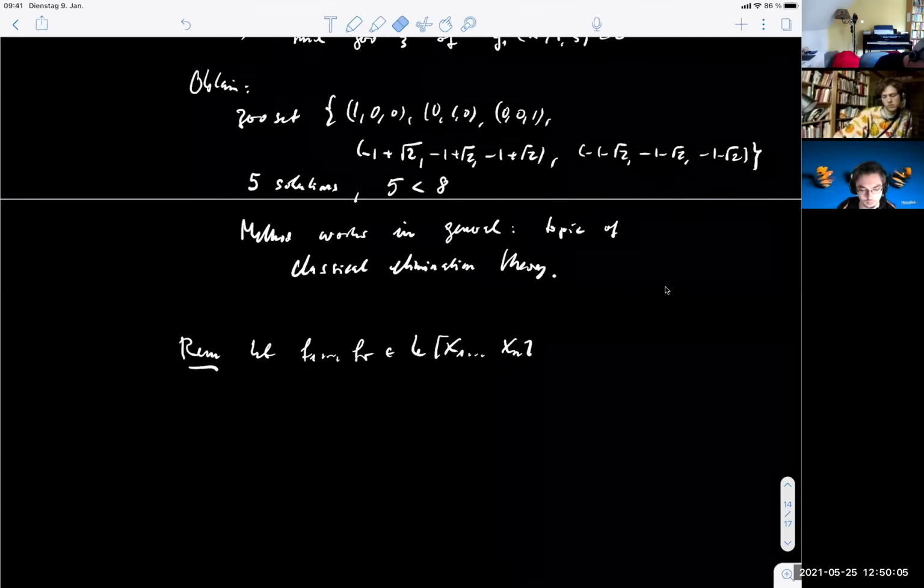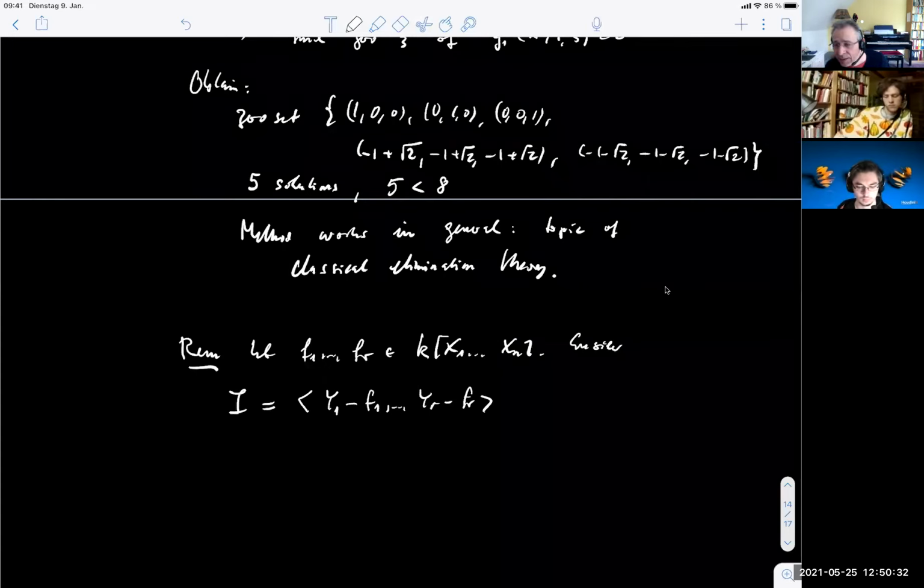And then I consider the following ideal I, which is generated by, I take additional variables: for each polynomial, I have an additional variable y1 up to yr, and I look at this. So y1 up to yr are additional variables. Then I look at this ideal. So this is a very useful ideal.